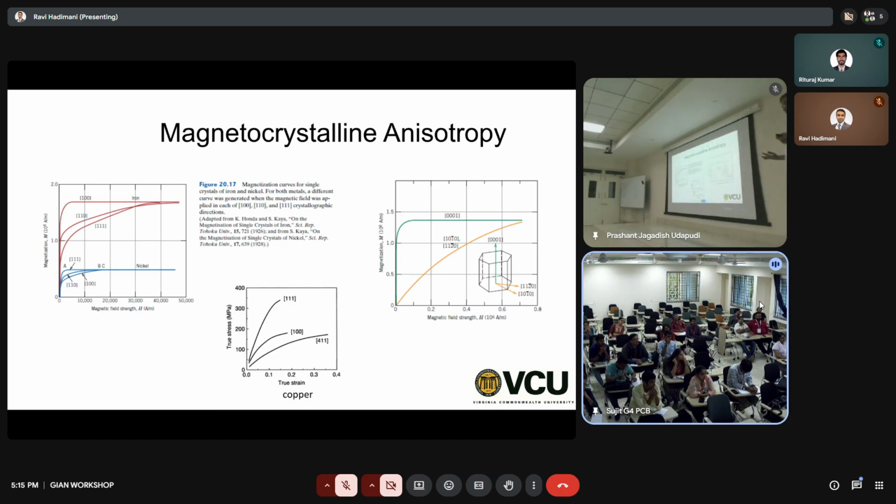Now, there is another important parameter called magnetocrystalline anisotropy. If you look at crystal structures, we are done with the permanent magnets. Now let's go back to just magnetization.